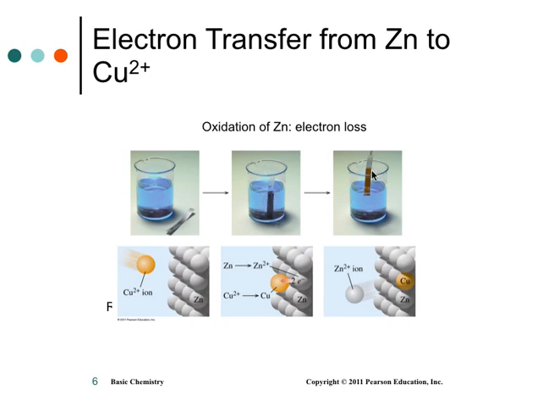And so you're going to get a copper coating on the zinc. What's happening at the atomic level is the Cu2+ ion, which is in solution, meets up at the surface of the zinc. Here are the zinc atoms that are in that metal. And you're going to get a stealing of electrons.